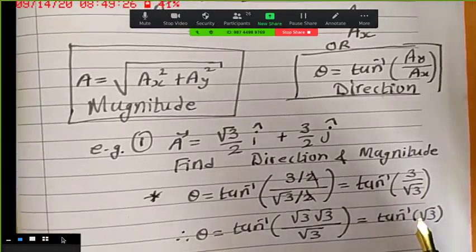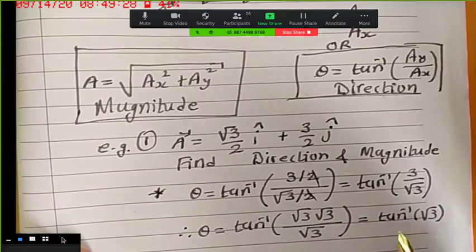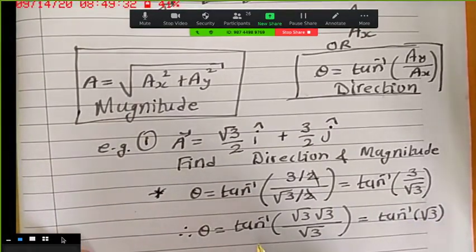What is tan inverse of root 3? 60 degrees. 60 or 30? 60. Sure? Yes sir. So this is your first answer.